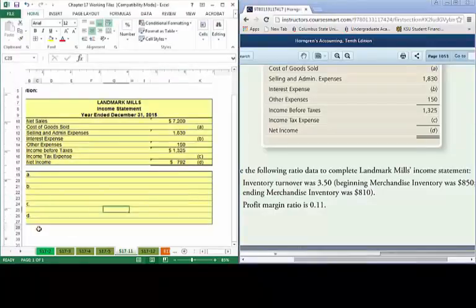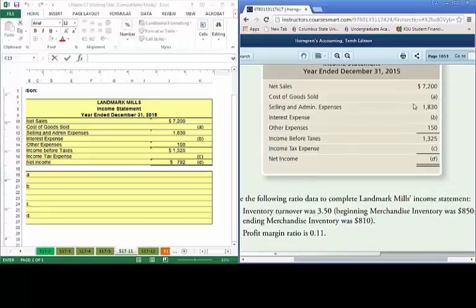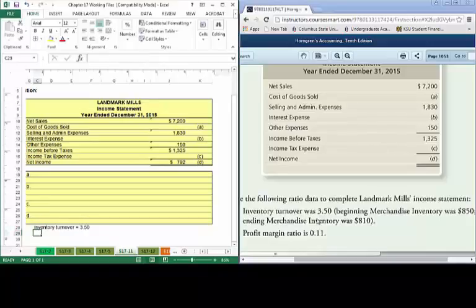All right, so you'll have to remember when we're looking for this one, we're looking at cost of goods sold, we're going to have to figure out what is cost of goods sold, interest expense, income tax expense, and net income. So I'm going to come down here, and I know they give us inventory turnover. So my inventory turnover, they say equals 3.5. Well, what's my formula for inventory turnover?